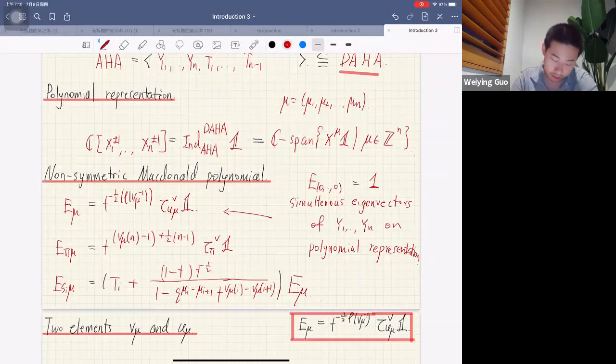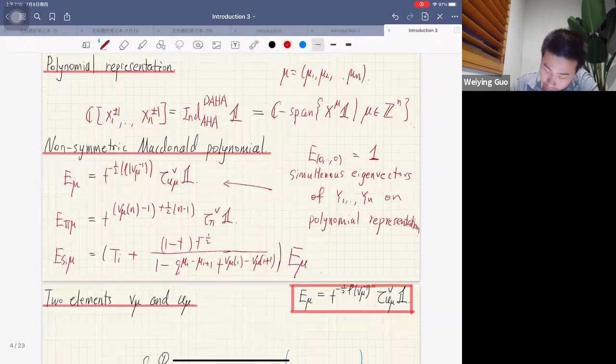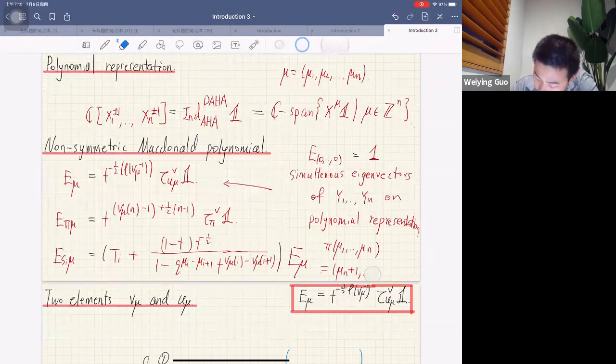So those operators pi mu and s_i mu simply will switch the order of mu. So pi of mu_1 to mu_n will give us mu_n plus 1, mu_1, up to mu_{n-1}. So it will rotate and add 1.